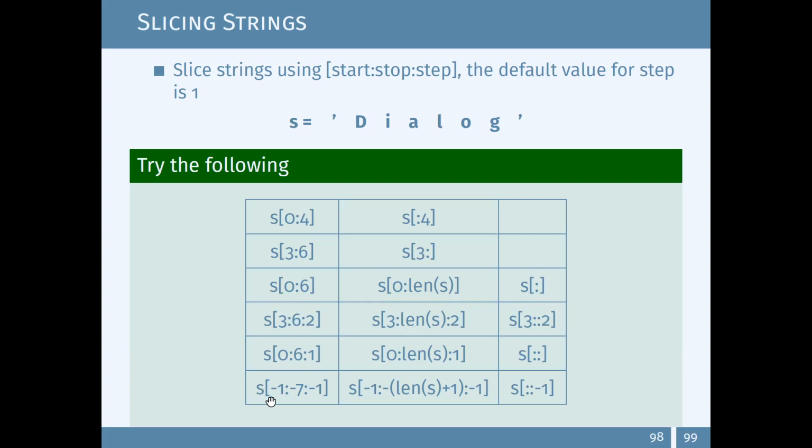Next, very interesting one, this. So you go from -1. When I say -1, just look at this, the last item. So if this is -1, -1, -2, -3, -4, -5, -6. So you say -1 to -7 with the step of -1.